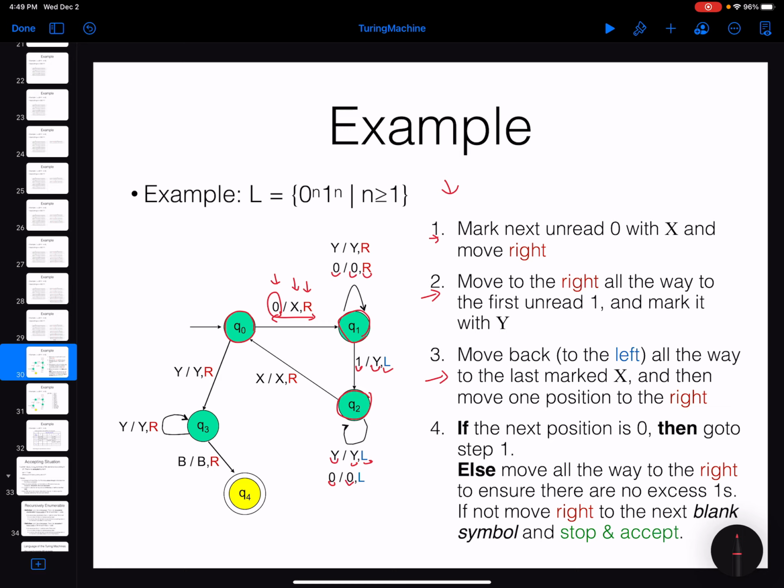Okay? Whenever you see the very first x, so in that tape that I actually showed you there, just assume that you are at some situation like this.